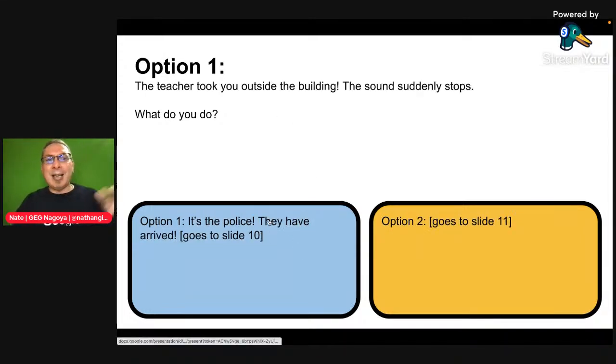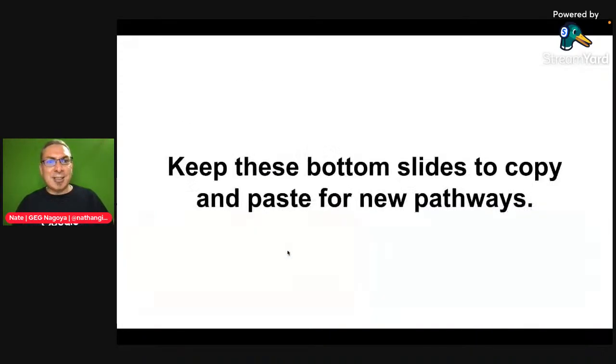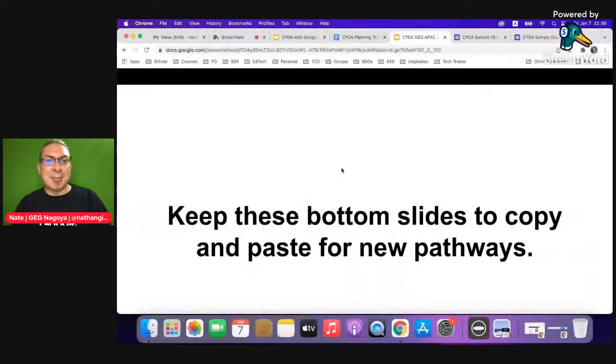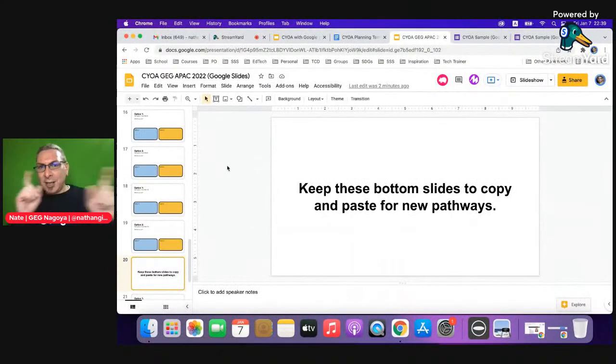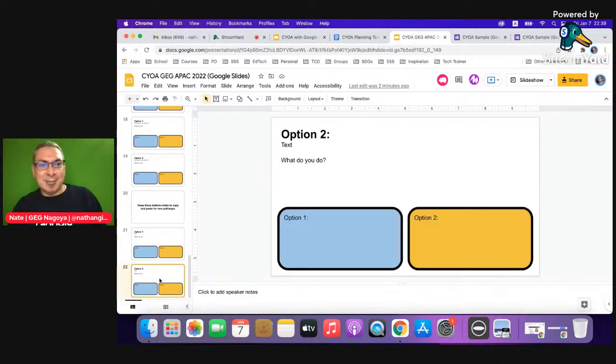So we don't have anything in slide 10, but we are in slide 10. If I click option 2, notice every time. All right, so this is the end of the slide deck, but each thing has option 1, option 2. It takes you here and there, but it's all linked to future slides, right?